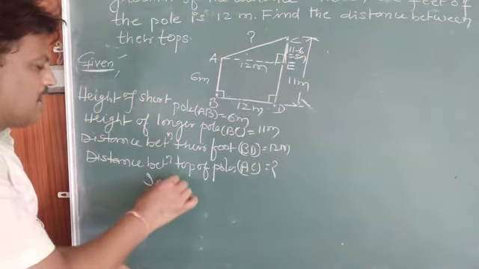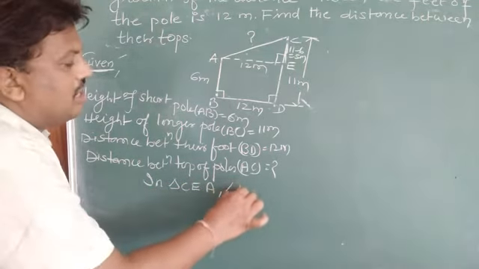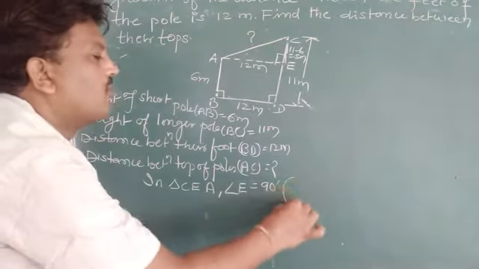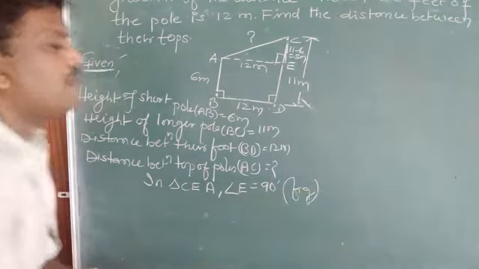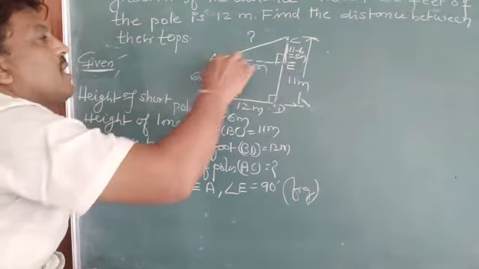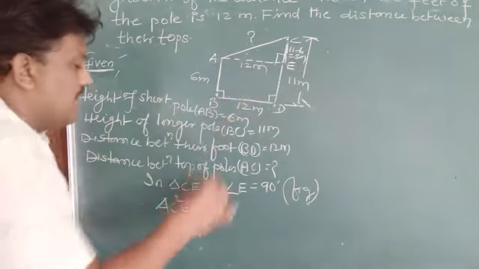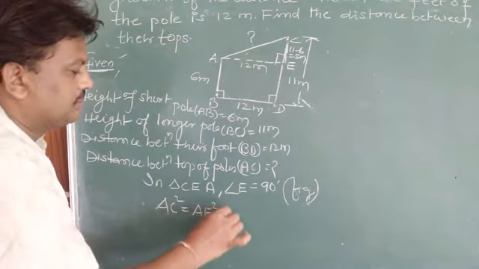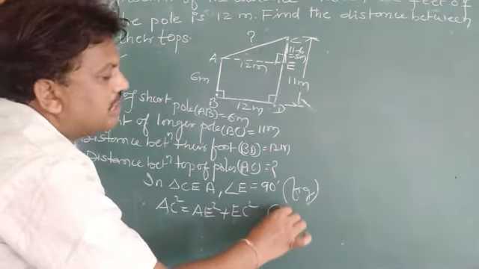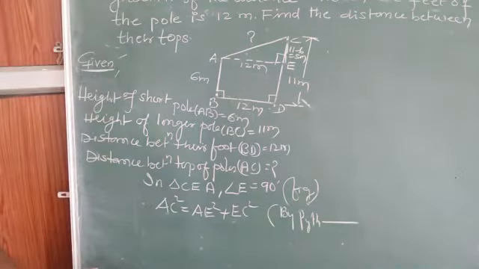So in triangle CEA, angle E is equal to 90 degree. Okay, children. How can you say? From figure. Therefore, what can you say, children? AC square is equal to AE square plus EC square. By Pythagoras theorem, children.